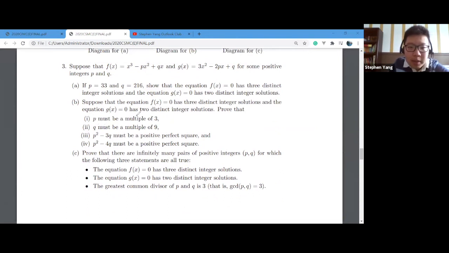So P must be a multiple of 3. By Vieta's formula in g, x1 plus x2 is equal to 2p over 3.